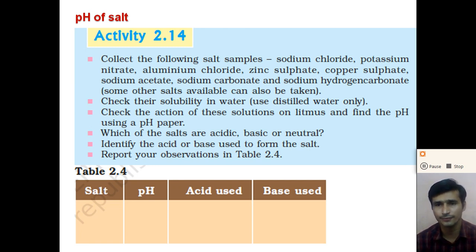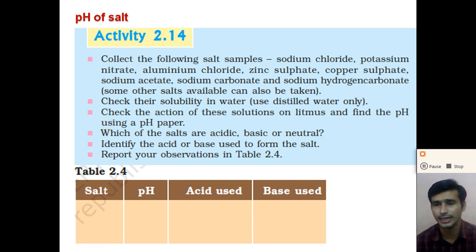And again find the pH of the solution using a pH paper. When the pH paper is placed in the solution, the color of the pH paper gives the pH number, and from this pH number we can say which salts are acidic, which are basic, or which are neutral, right? So salts are divided into three categories: acidic salt, basic salt and neutral salt.